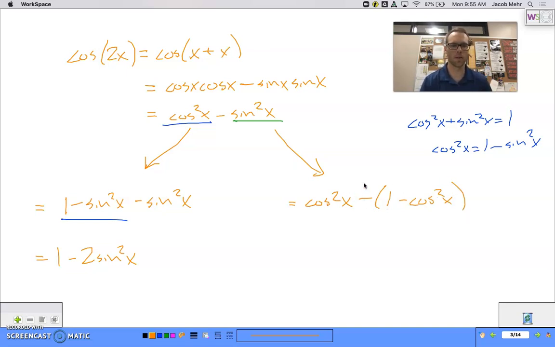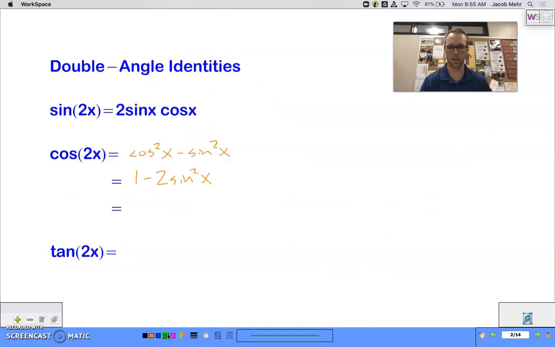I put all this in parentheses so I make sure I distribute my negative. Now I combine my like terms. I have 2 cosine squared of x minus 1. So here I replace sine squared of x with 1 minus cosine squared, and we get our third identity. 2 cosine squared of x minus 1.